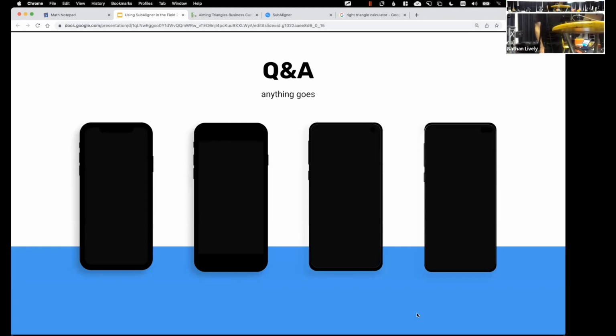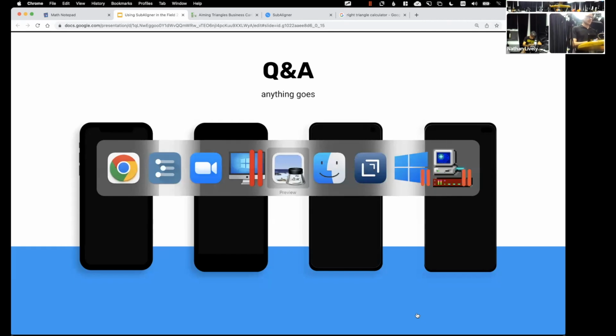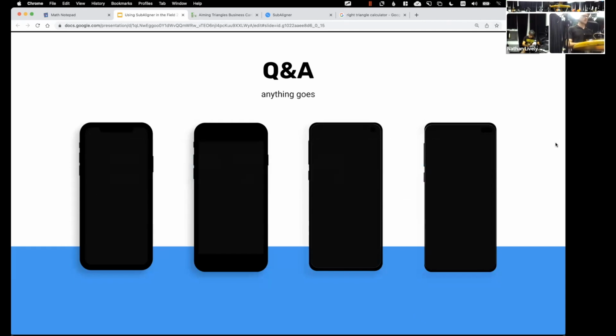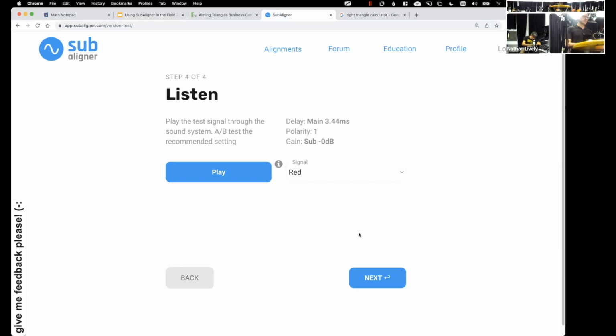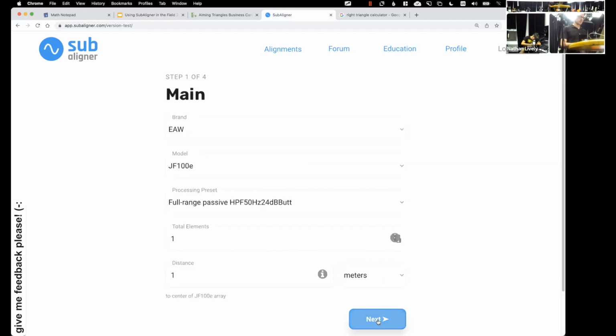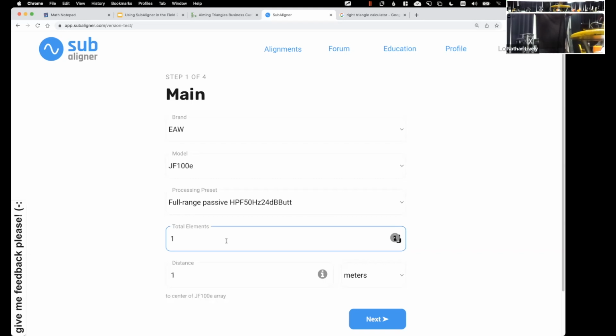I'm going to start with SubAligner, and we'll see if my guy works here. So here we go. I've got my JF100. I've got 2 of them, and I'm going to see if I can shoot it from standing here, even though there's a screen in my way. 4.796.